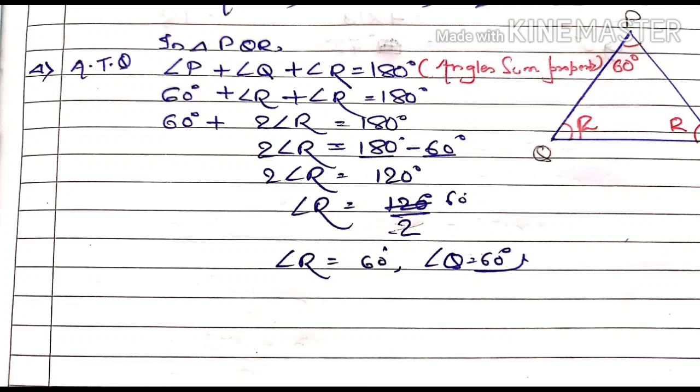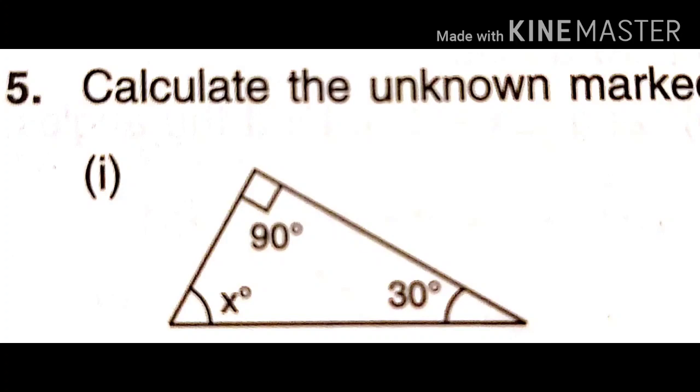So in the chapter triangles, one thing you have to remember: if the figure is not given, make the figure, and the first line is always fixed. You add all three angles and you write 180 degrees, and after that if the values are given, put the values, do simplification, and your answer will come. Question is very easy.